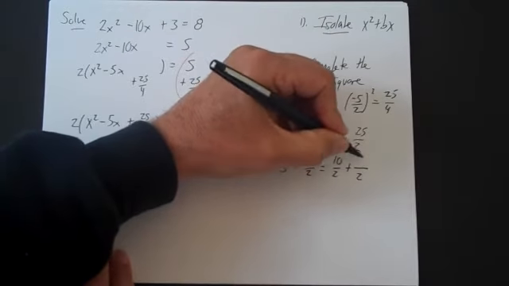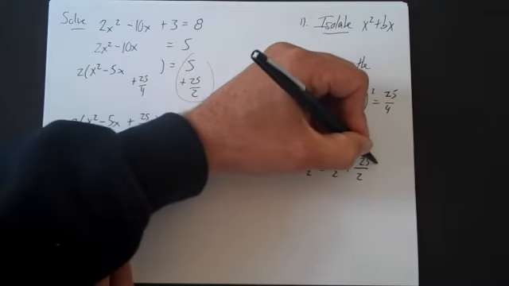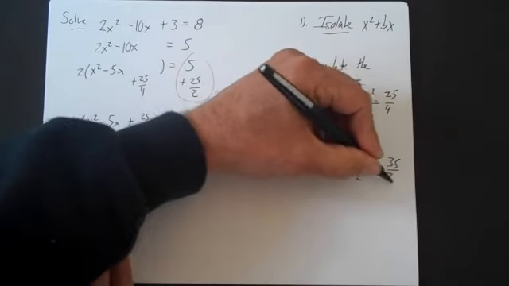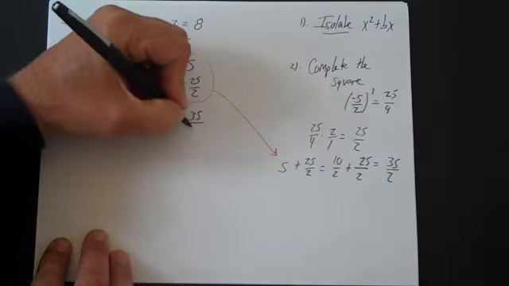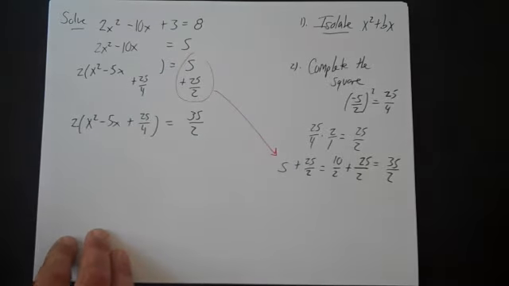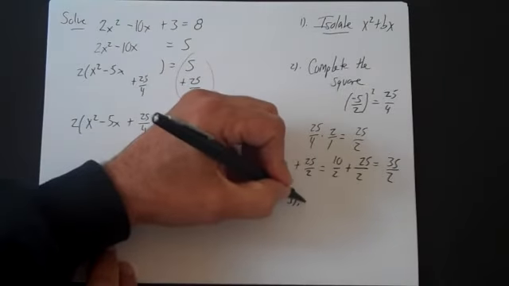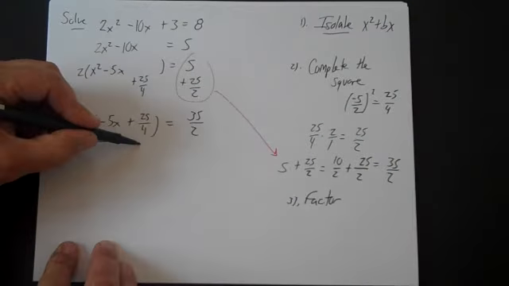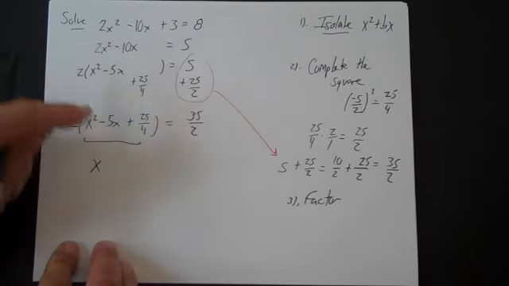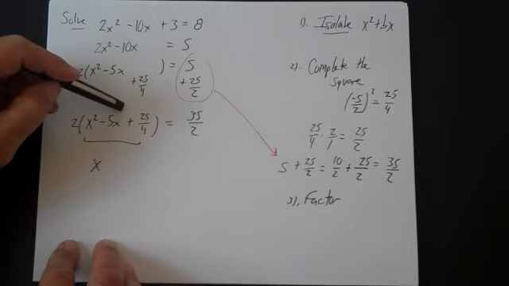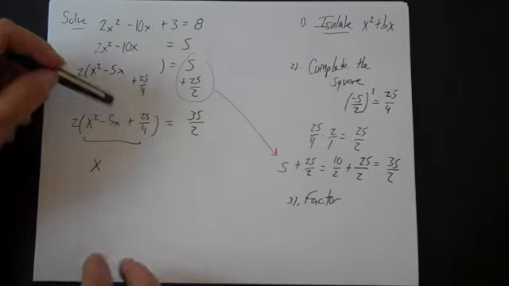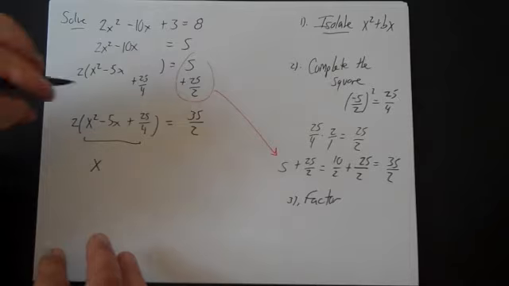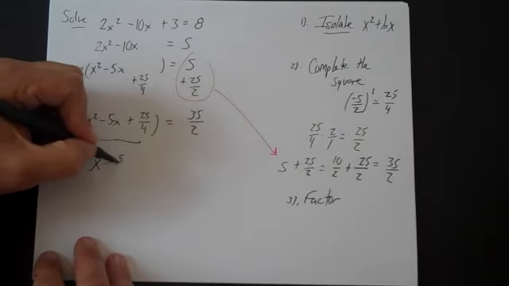So that's 10 halves plus 25 halves, that's 35 over 2. And then the third step is you're going to factor. So let's factor this, and then that's x. Now that's going to be hard to factor, except it's always just half of what b is. So b here is minus 5, so it's just going to be half of minus 5, so it's minus 5 halves.